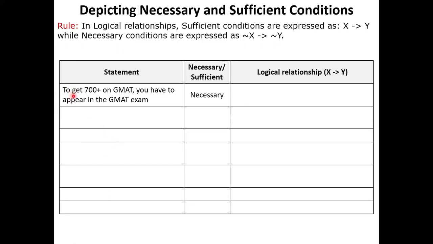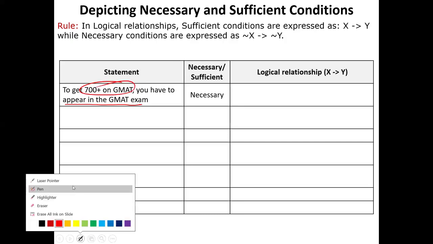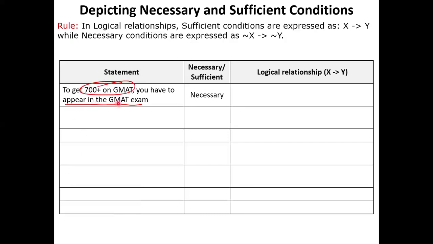This was the first condition, if you remember, that we discussed on the last slide. To get 700 plus on GMAT, you have to appear in the GMAT exam. First of all, can you tell me what's the cause here and what's the effect? Appear in GMAT is the cause, clearly. And this is the effect. We identified this as necessary.